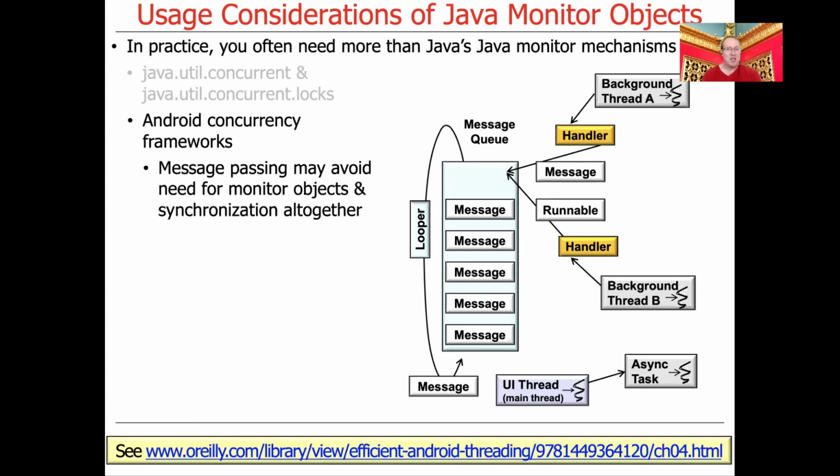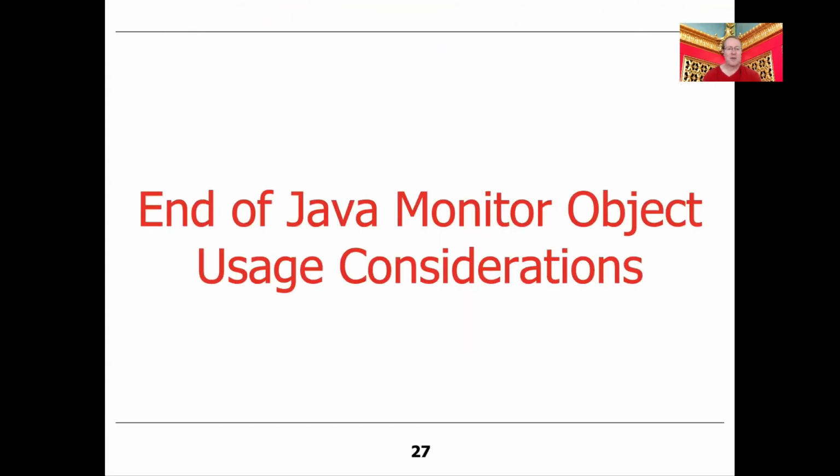In fact, the message passing mechanisms that are so prevalent in Android and other concurrency frameworks may allow you to completely avoid the use of the monitor object pattern and synchronization altogether, which can be very powerful and liberating because a lot of these race condition issues just completely disappear once and for all.